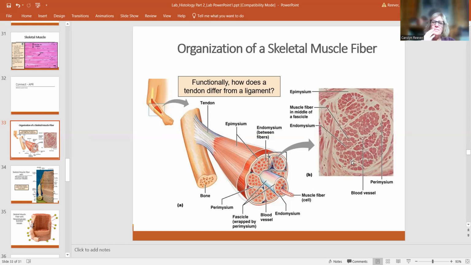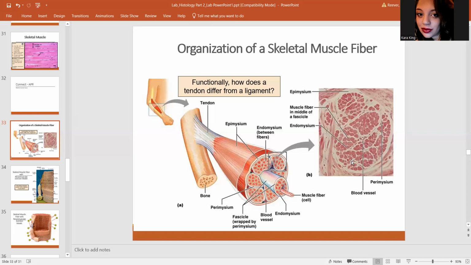I don't think she would give you that one, but you could probably decipher it. It's basically a cross section, like you're looking through one of those fascicles cut across the middle. I think she'd probably tend towards the one on the left, but you could apply that knowledge to the one on the right if you needed to.